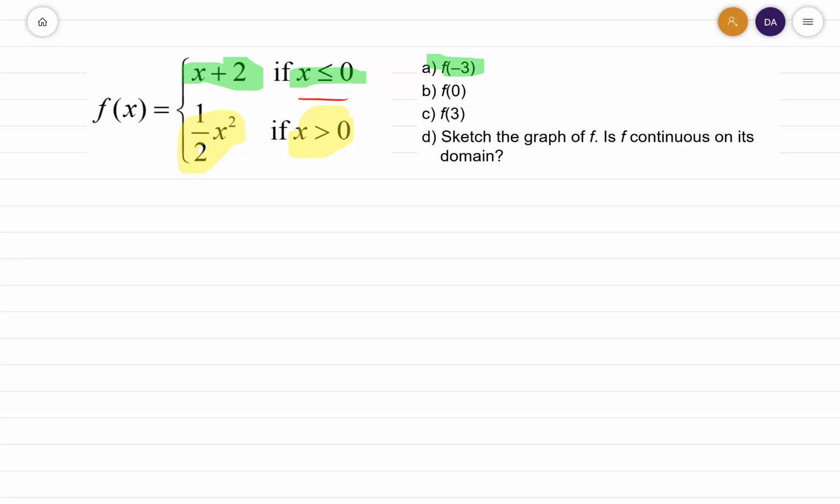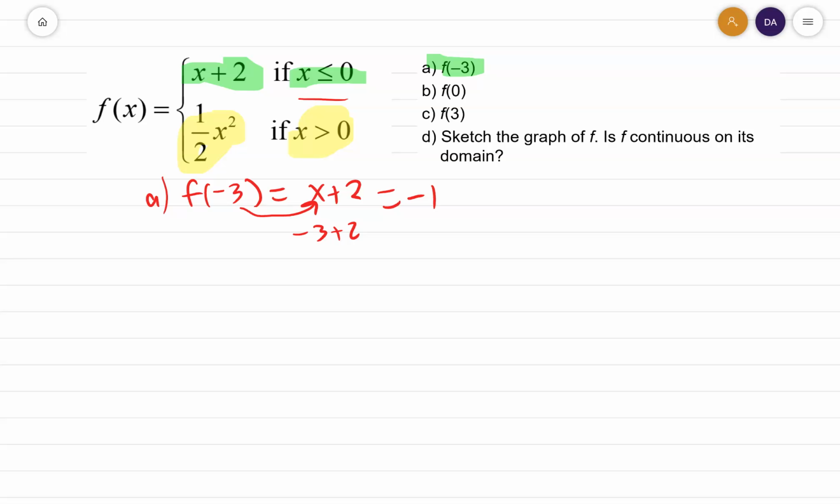If x is less than or equal to 0, which -3 is, then we use this rule. So f of -3, which rule do we use? X plus 2, we plug that in. So -3 plus 2 gives me -1. Why don't we use the other rule? Because x equals -3, and we only use that rule if x is less than or equal to 0.